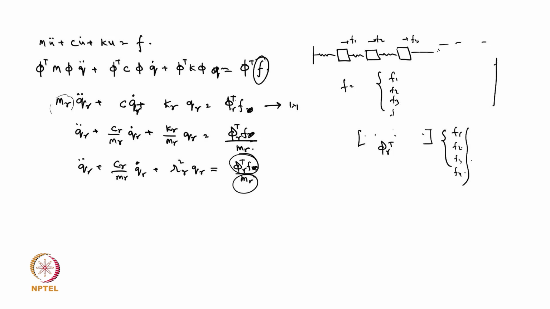That factor is known as the mass participation factor. So this is known as gamma: gamma_r equals phi_r transpose F divided by M_r.